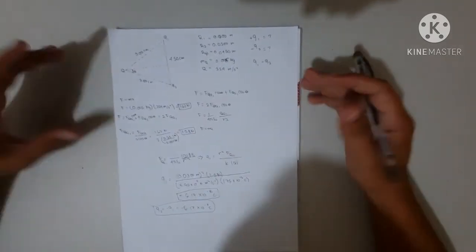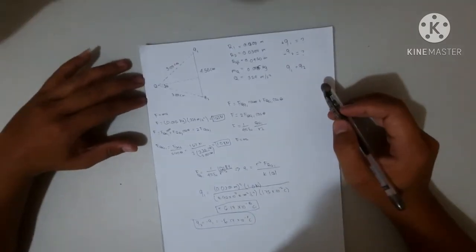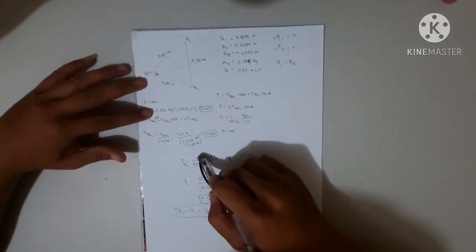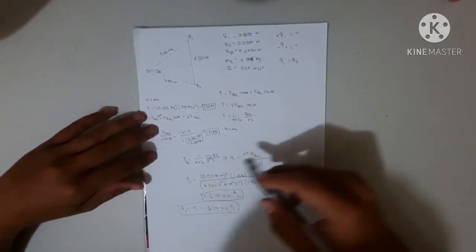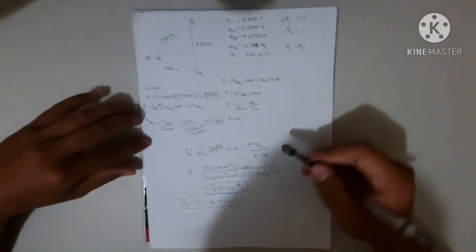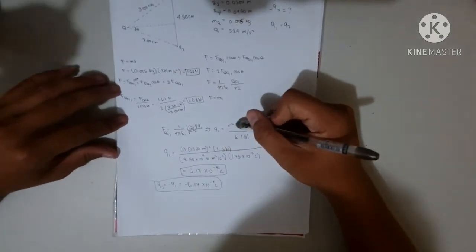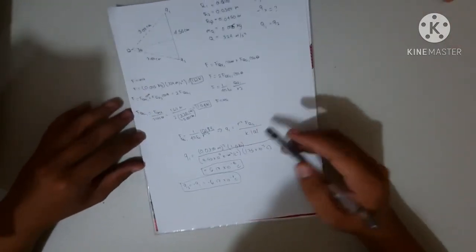And we're going to rearrange it. I'm just going to make 1 over 4 pi epsilon naught just k, so that it won't be that complicated. So we rearrange to r squared times F of Q on Q1 over k and the magnitude of q.